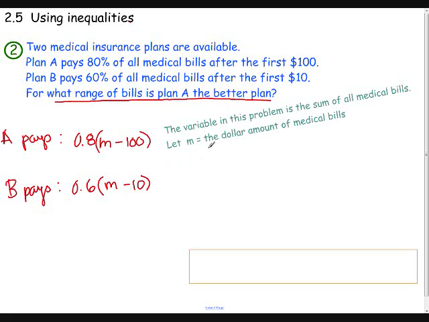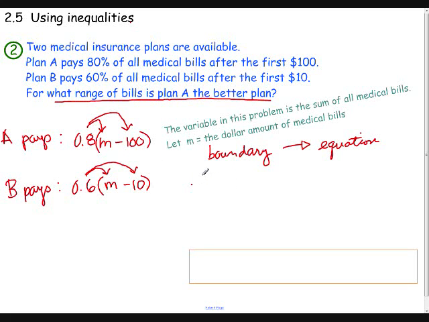Well, I better find the boundary between these two plans. Where does it kick over from one being better to the other one being better? So I'm going to use an equation to find my boundary point. The equation I'm going to use is the payment. Where does the payment from A actually equal the payment from B? As I write this out, I'm going to do my distribution.